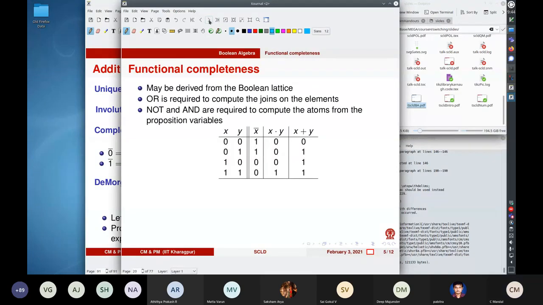So that gives you the notion of functional completeness. Now, once you have that, you also need AND to represent the atoms. So NOT and AND, as you have seen.